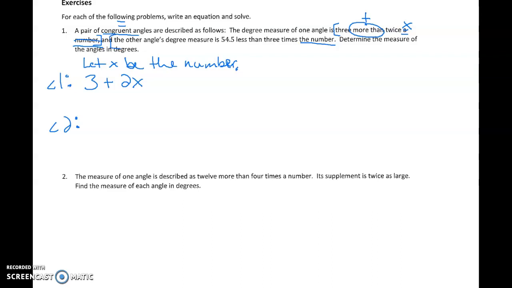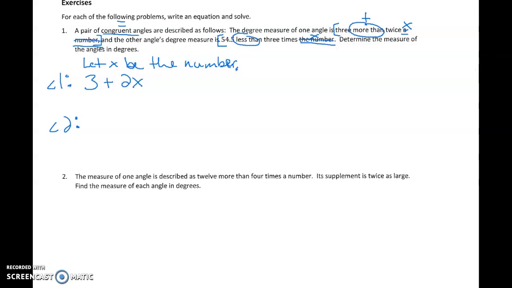And the other angle's degree measure is 54.5 less than 3 times the number. I should actually move my bracket over here. Oh, there's less than. That's that turnaround subtraction. 3 times the number, but I'm not saying the number, I'm saying x. 54.5 less than 3 times x.